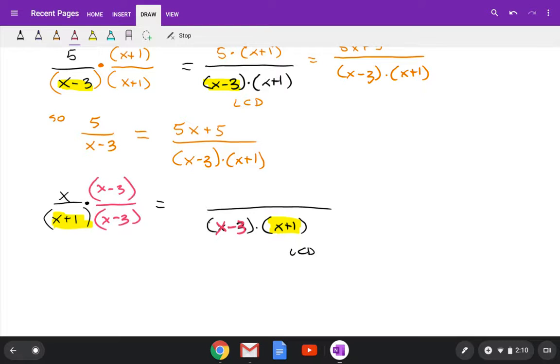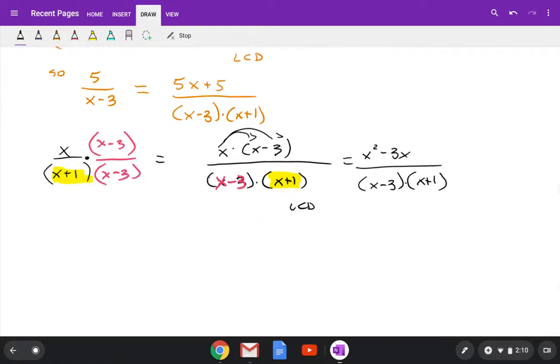Okay, so now we're building the equivalent fraction. We're going to multiply numerators together, so x times x minus 3, and denominators together, which we already have. That will become our LCD. Just simplify. You can distribute x, and that will give you x squared minus 3x over x minus 3 times x plus 1.